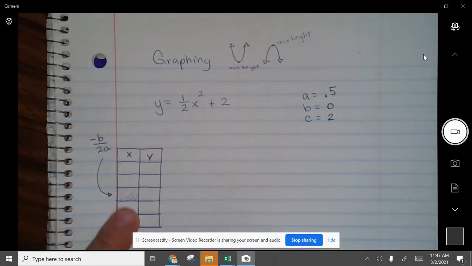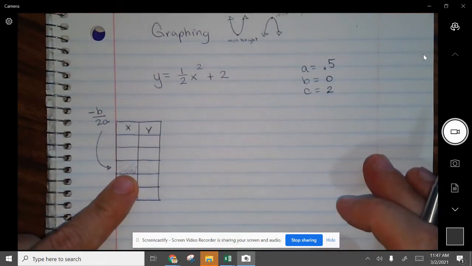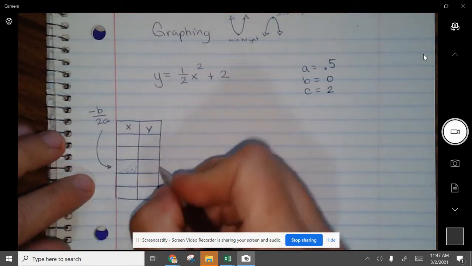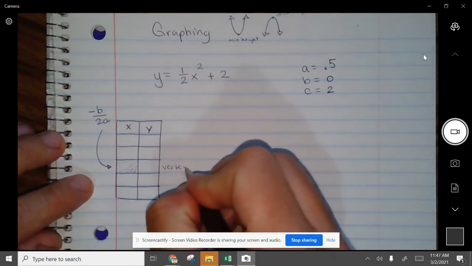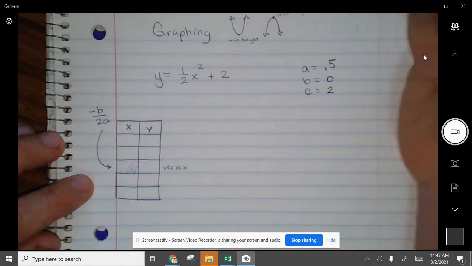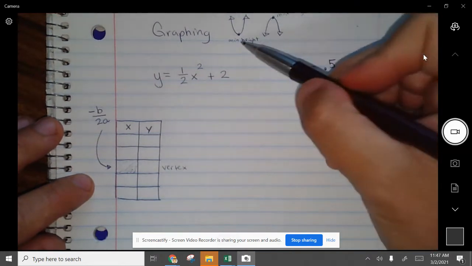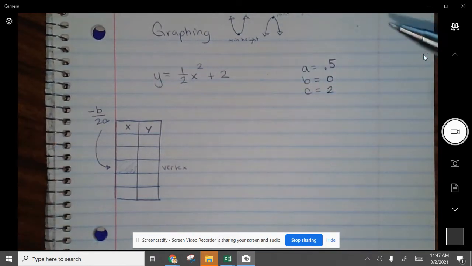It's the x of my vertex. Isn't this my vertex, the whole point? So this point is my vertex. And the vertex is the middle coordinate, right? So that vertex talks about the minimum or the maximum, right? So negative b over 2a.